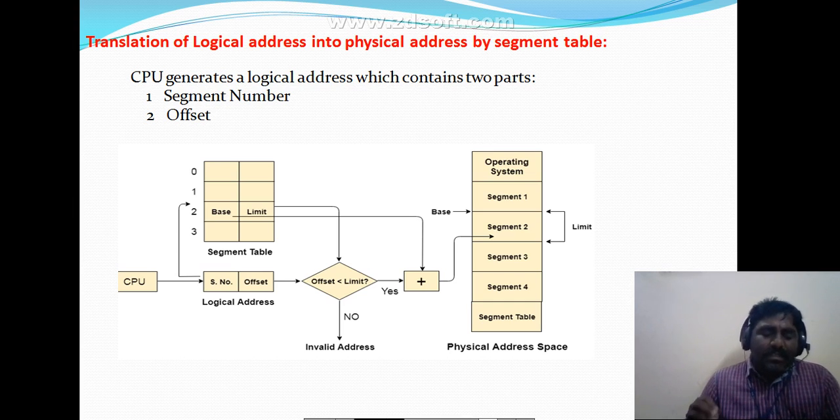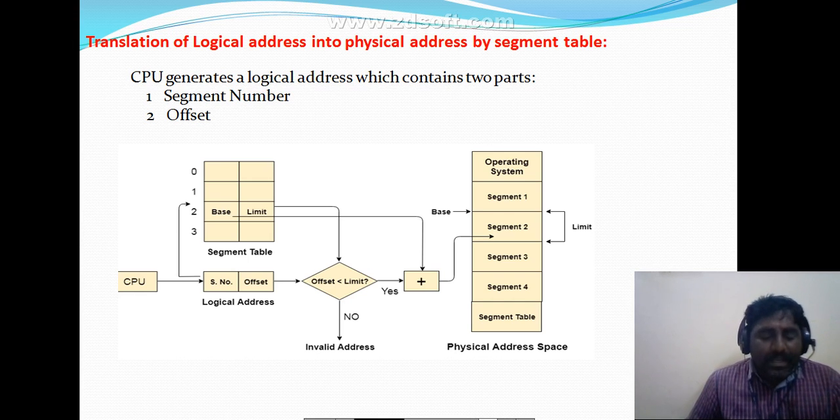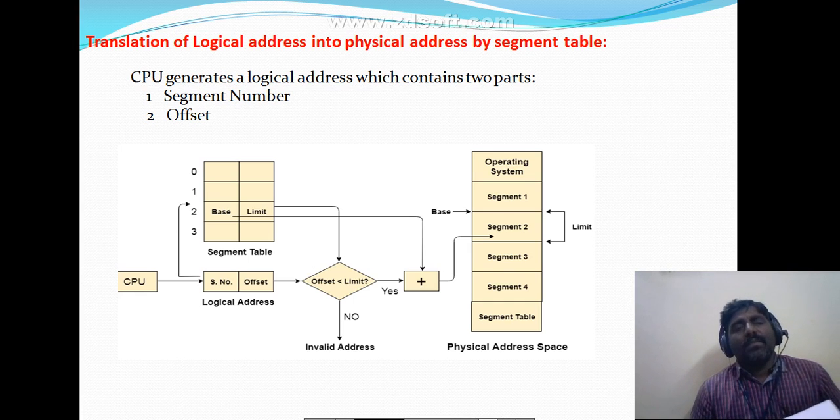The operating system does not care about the user's view of the process. It may divide the same function into different pages, and those pages may or may not be loaded into memory at the same time. This decreases the efficiency of the system.